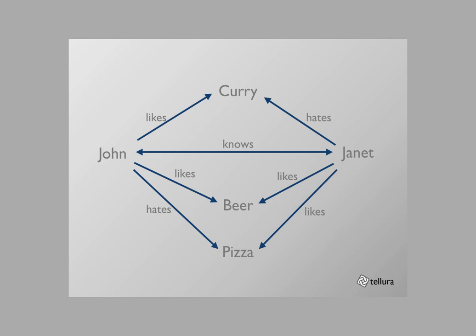That's a double-headed arrow, and that represents a symmetrical relationship, implying that if John knows Janet, Janet must know John. So we can use these collections of triples to build up a knowledge graph like this, to allow us to make interesting observations and insights into the information that we're storing.